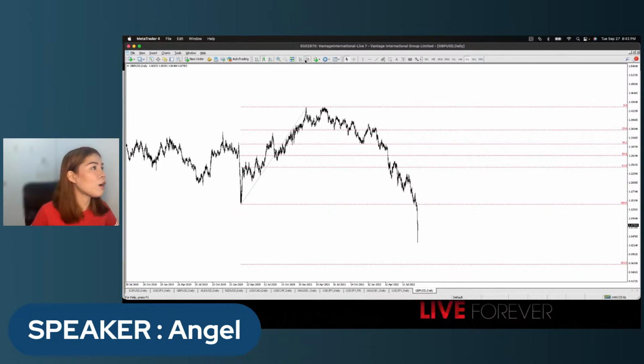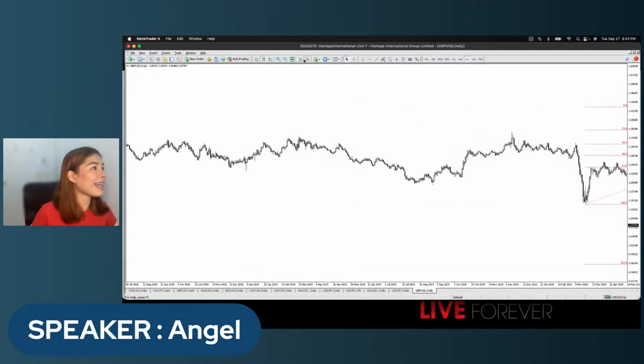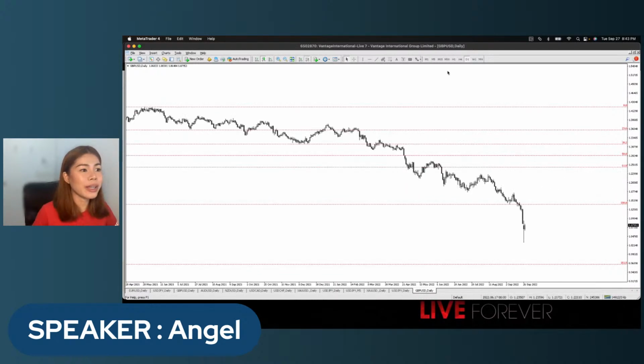So for us to shorten that gap, what we can do is draw another Fibonacci from here over here. There we go. Now we have something. That's why it stopped there, because there is a 61.8 area over there.